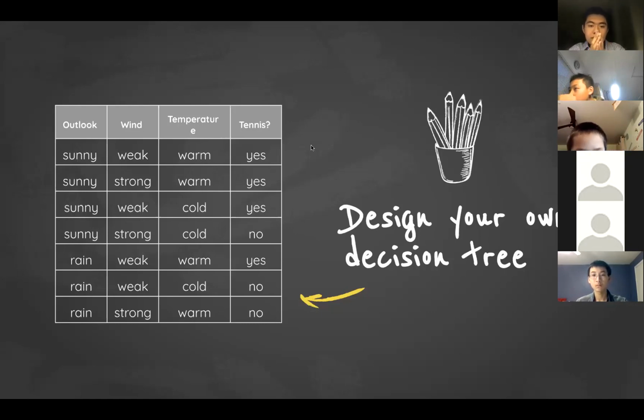Someone asked, are the values of the features always binary? No, it doesn't have to be. You can have more than two values. A pretty common usage of decision trees, the big project for this unit, is a project on a given data set of people.